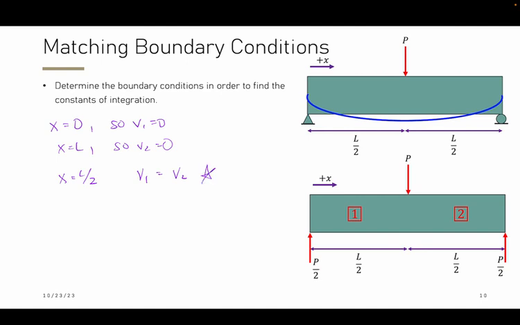If not, then the beam would not have a continuous displacement in the vertical direction, and it's like the beam would be broken. In addition to the deflection condition, there's also a condition on the slope, and the slope evaluated from the boundary spot has to be the same. So we have x is equal to L over 2, V1 prime is equal to V2 prime.